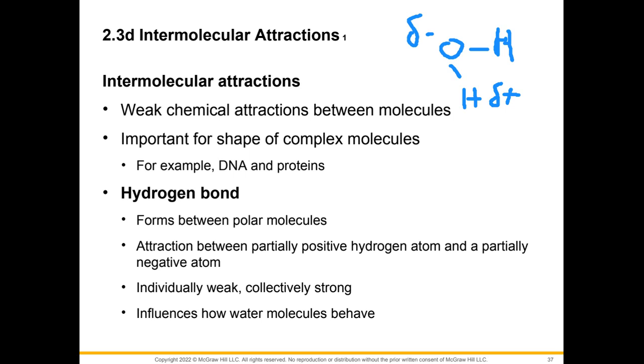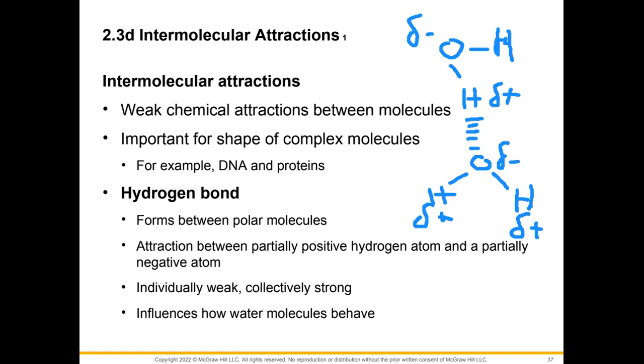But here's another water molecule, right? And where this is slightly positive and this is slightly negative. The interaction between this slightly positive and slightly negative is known as hydrogen bonding, right?